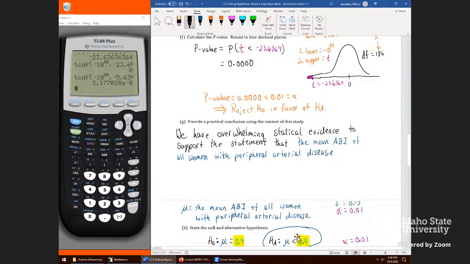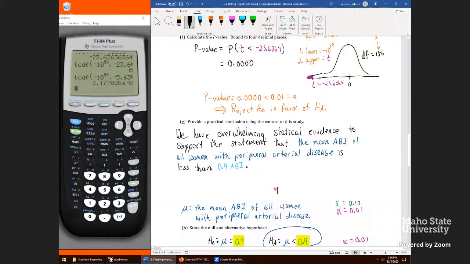Next we just are going to say is less than that 0.9, 0.9 ABI. So there is a great deal of evidence to say the statement is true.